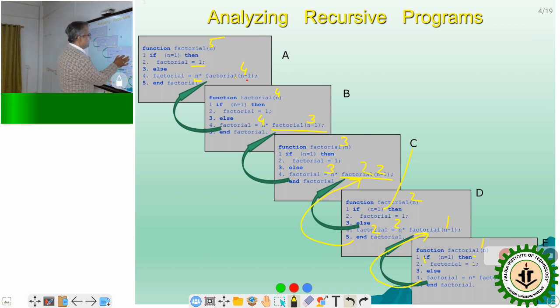Here in full line it is 2. 3 into 2, this is 6. The factorial is equal to 6. The end of the factorial, it will go to its mother function. But then it will be returning in reverse. It never calculates in the forward direction. Always it will calculate in the reverse direction.